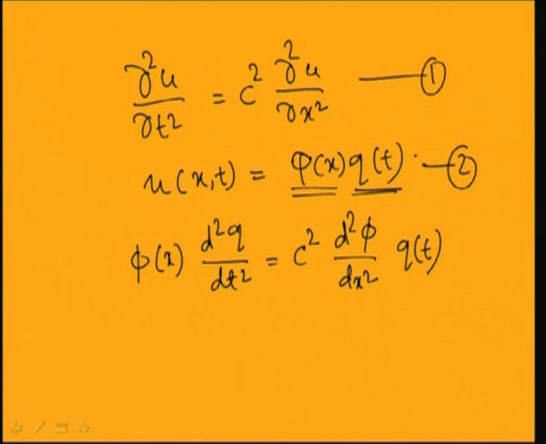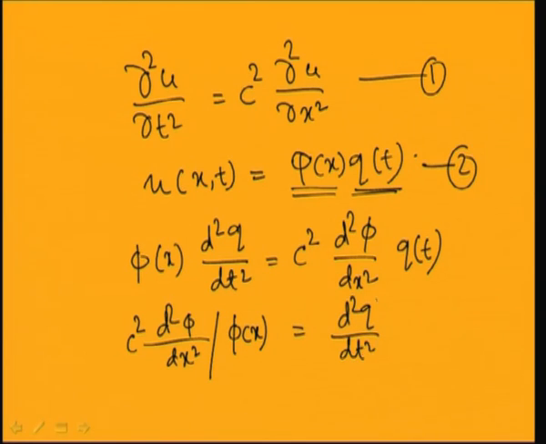So, this equation I can write also in this form. d square phi by dx square into c square by phi x will be equal to, I can take q to the left side, so this will be equal to d square q by dt square by q t.